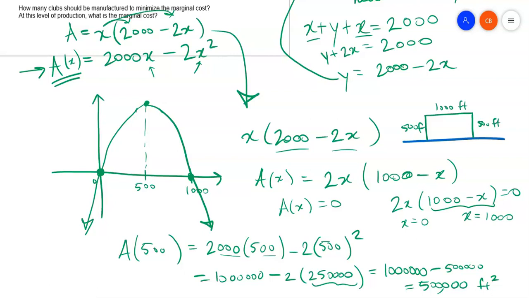And so if we construct our fence exactly like this, this is the largest area that's possible to enclose. And so you can imagine that you can make all different kinds of sizes of fence. We can make it taller this way and shorter this way, but it's going to have a smaller area. That's what we're seeing here. If we choose all these different x values, we always end up with a smaller area than if we choose the x to be 500.